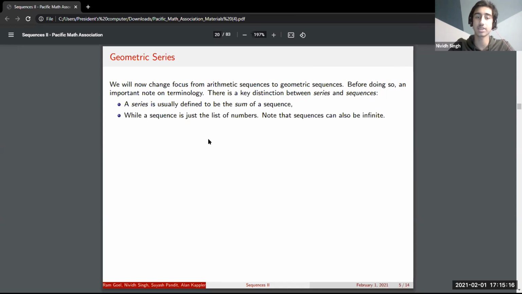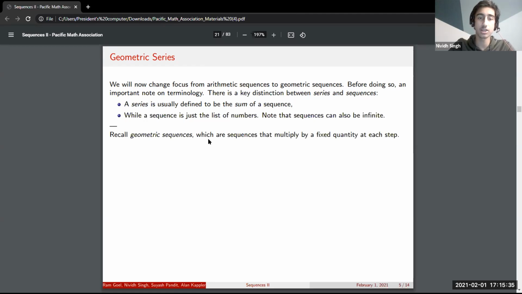A sequence is just a list of numbers, and sequences can also be infinite. So far, we've been dealing with finite sequences, where we know how many terms there are, but there could be an infinite number of terms.